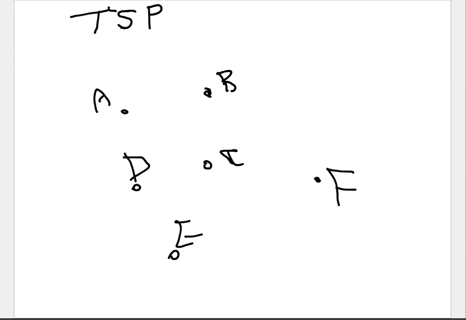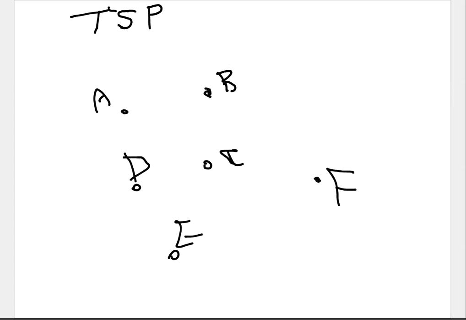So sometimes you go to city A, then B, then C, D, E, F. Or sometimes you start from A, go to D, go to E, C, B, F. Or sometimes you start from F, go to C, go to E, go to D, B, and A. Sometimes you start from C, go to F, go to E, go to D, A, and B. All of these is an individual or a solution.